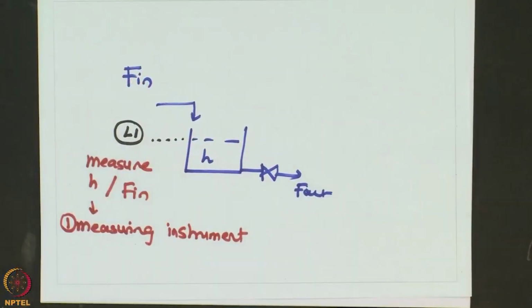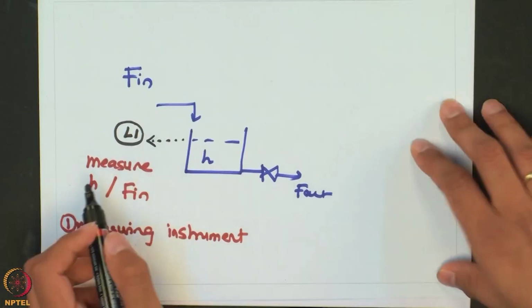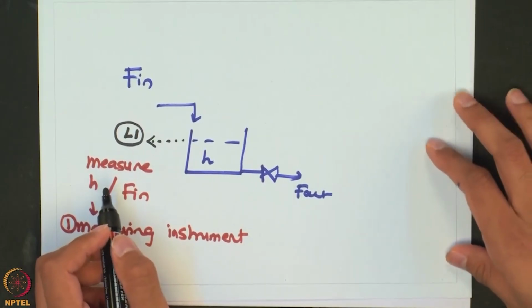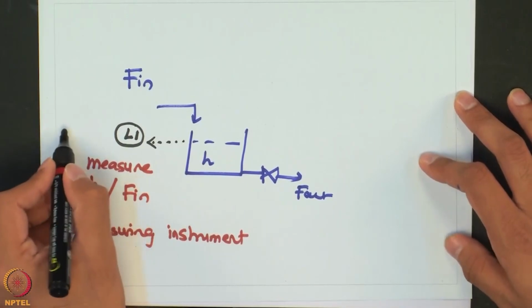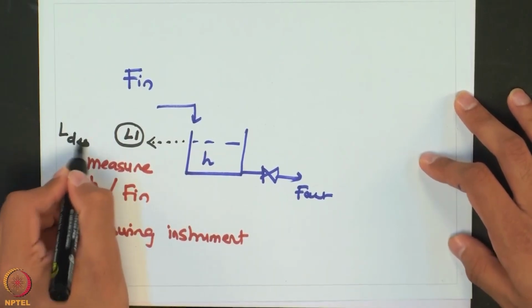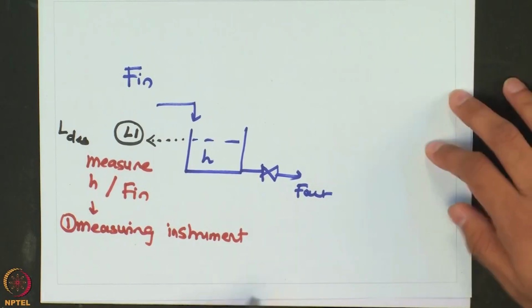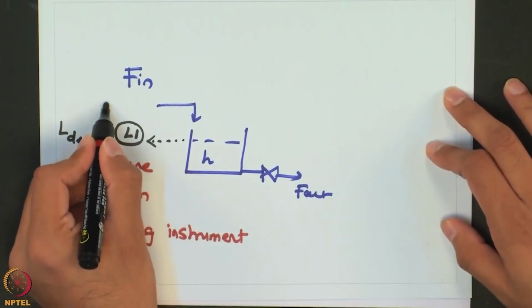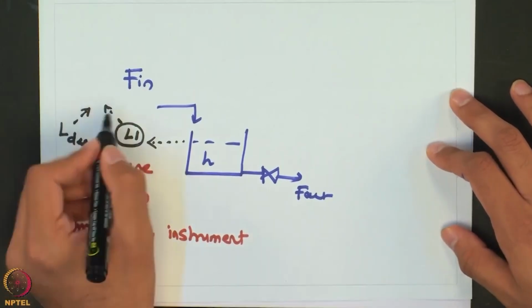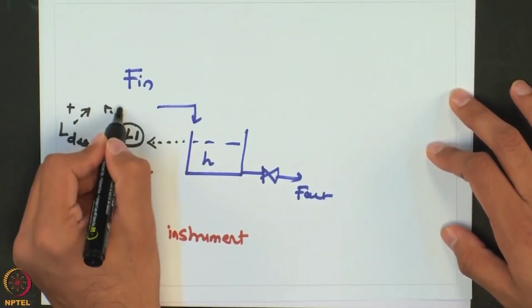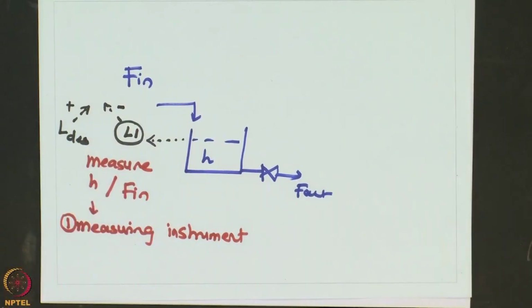So, this is a level indicator which will measure the height. Once we measure the height inside this tank, in order to take the control action, what we need to know is the desired value of the height, and you would compare whether my current value is higher or lower than the desired value. So, you generally find out an error between the desired value and the current value.